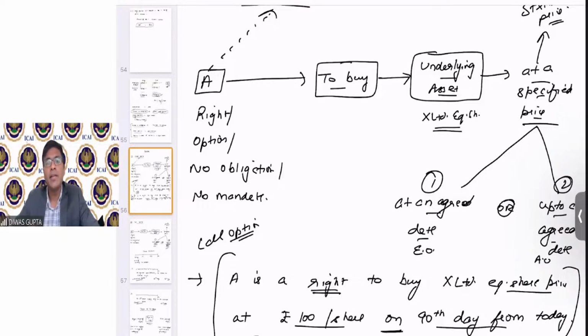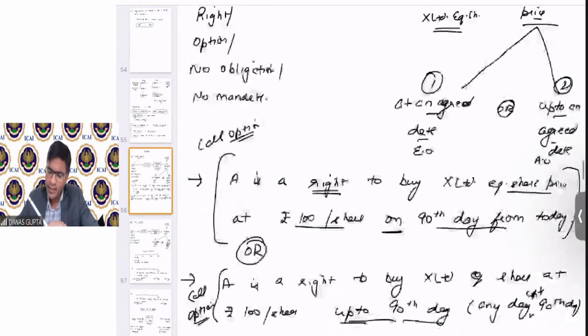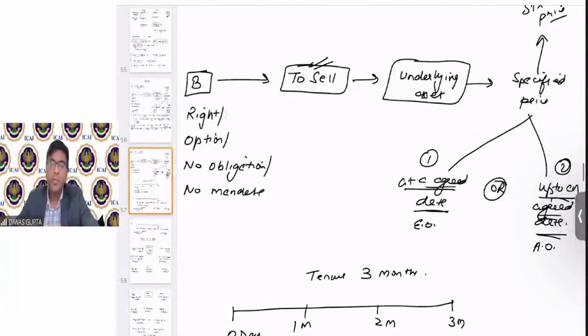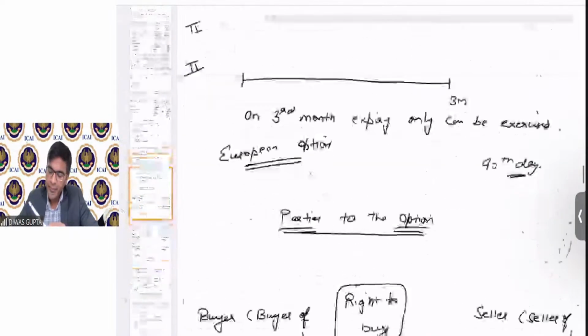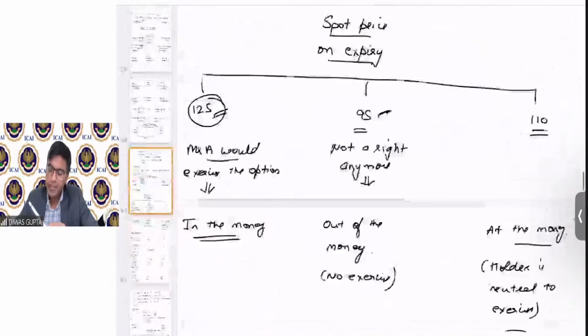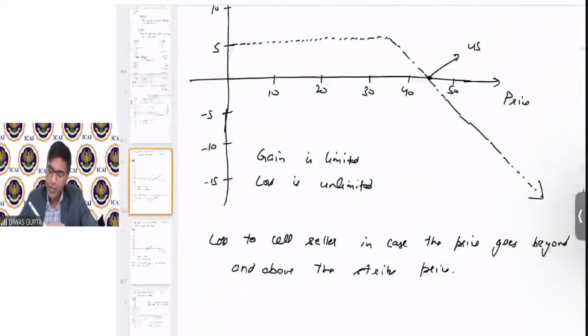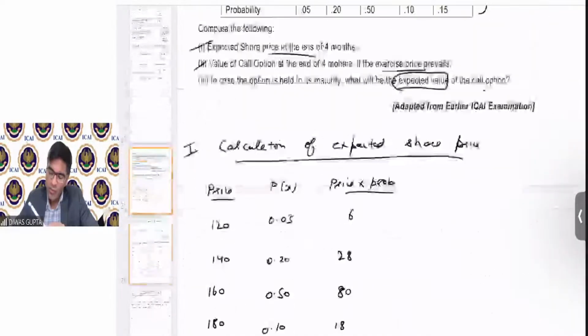And there were two possibilities in terms of the time, whether it is up to an agreed date or at an agreed date. Similarly, for a put option, we said that it is a right to sell the underlying. So these things we have discussed, then the payoffs and other things.